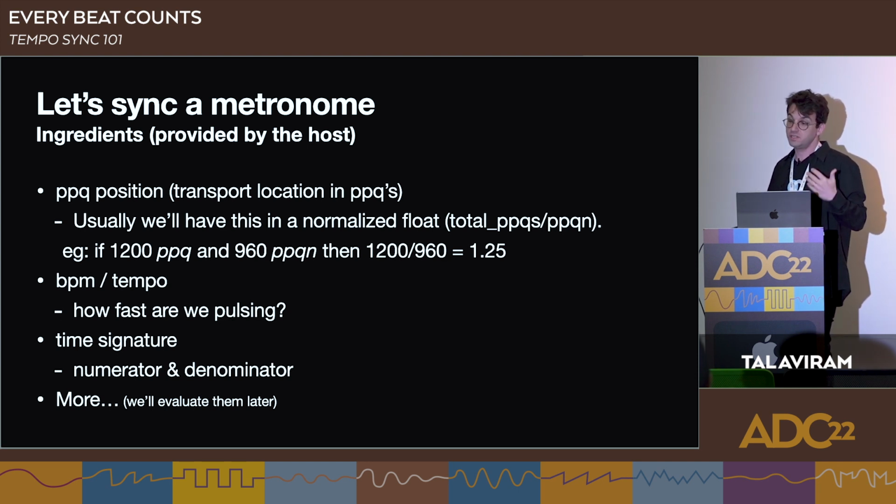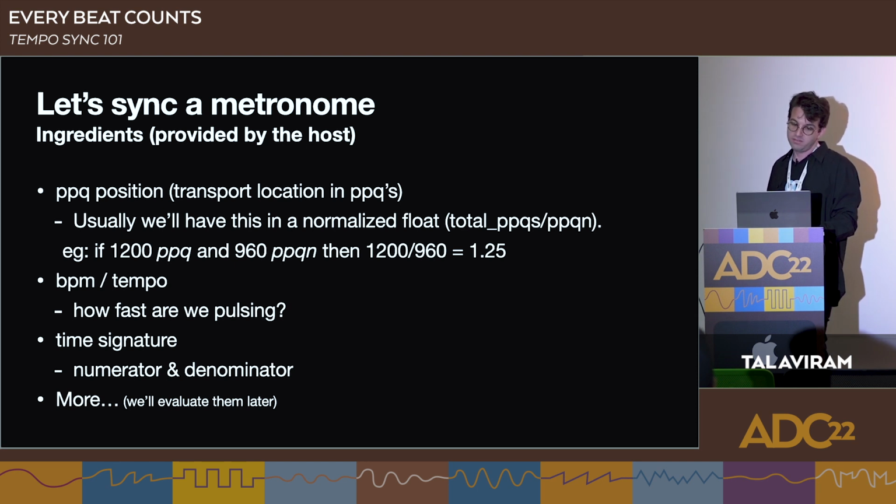Instead of using the pulses, say a common resolution of 960 pulses per quarter, we divide by 960. If we have a position of 1200 PPQs over a resolution of 960 PPQs, we get 1.25, and the .25 is the current position, a little after the first quarter.